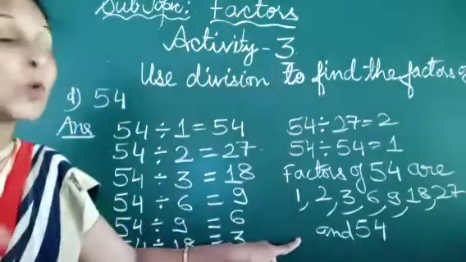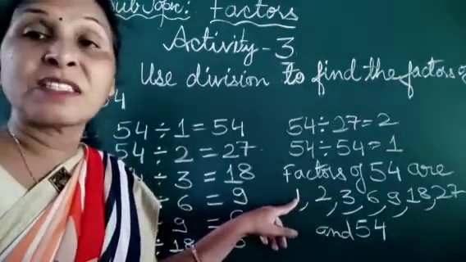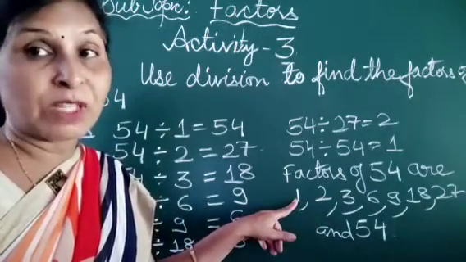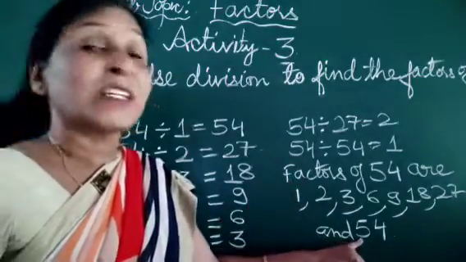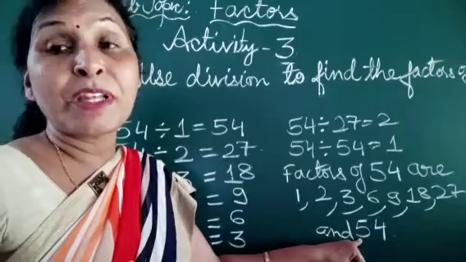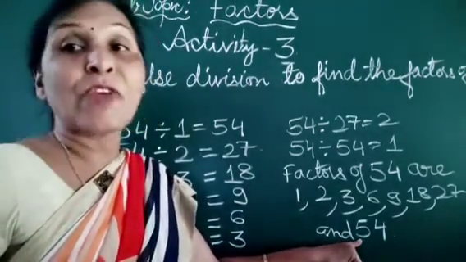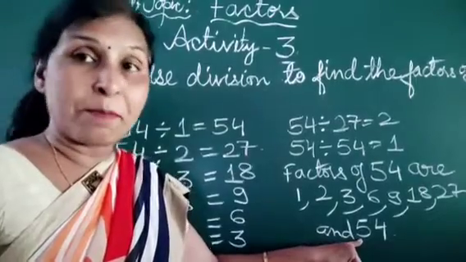And we also know the facts of factors, that 1 is the smallest factor of the given number and the given number, or we can say the number itself, is the bigger factor of that number.